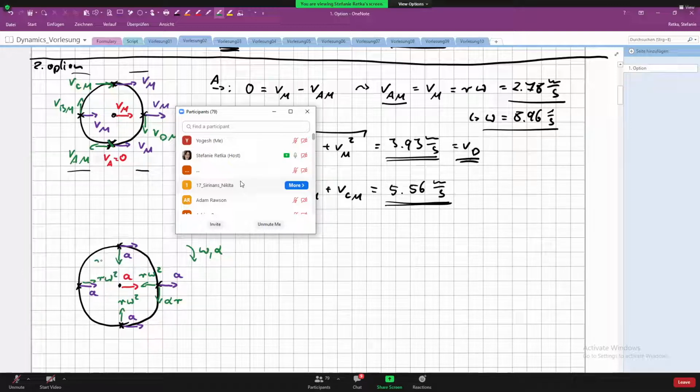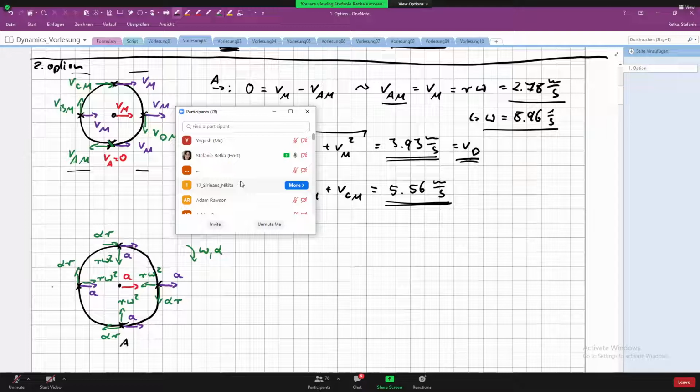And alpha times r tangential on the path. The vectors themselves are always of the same size, only the direction changes.